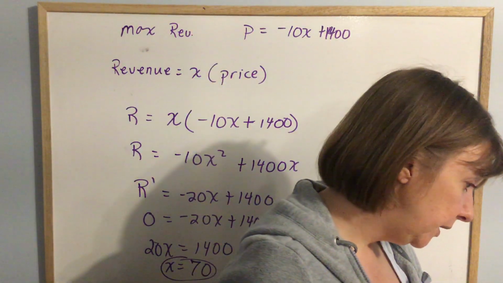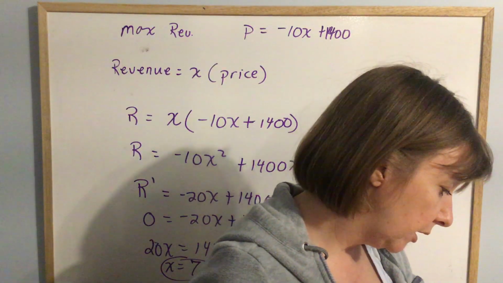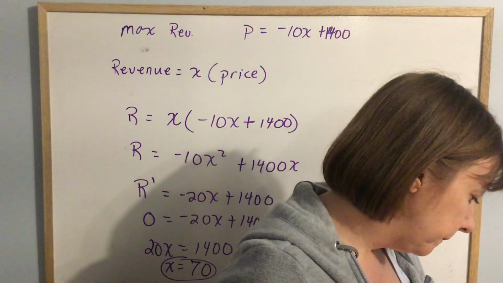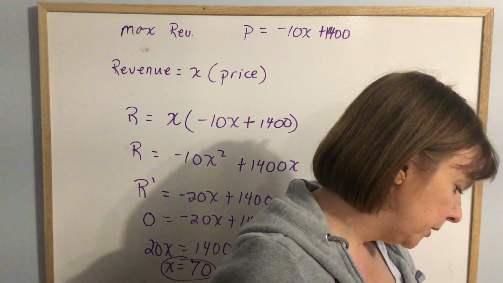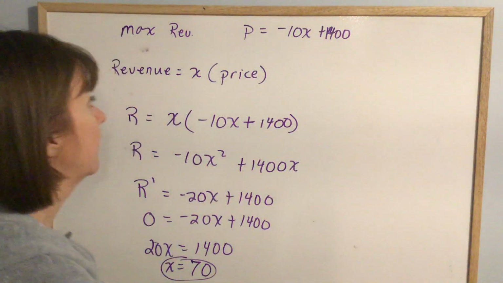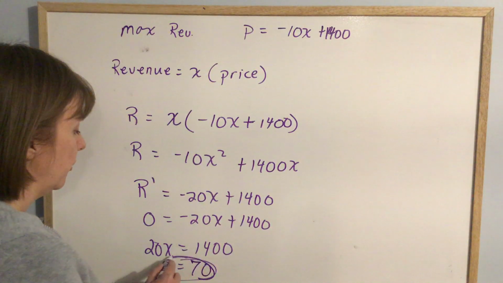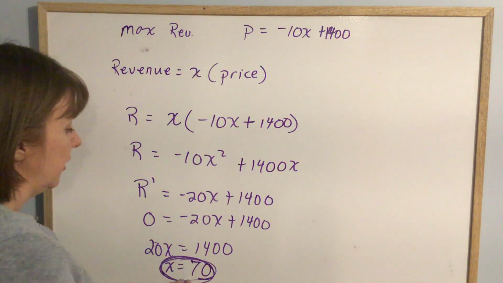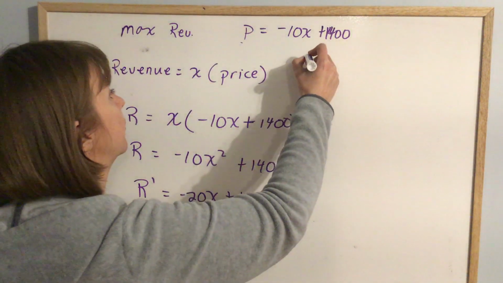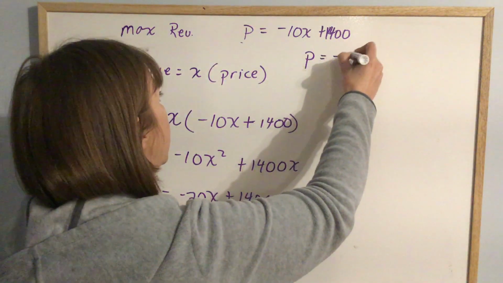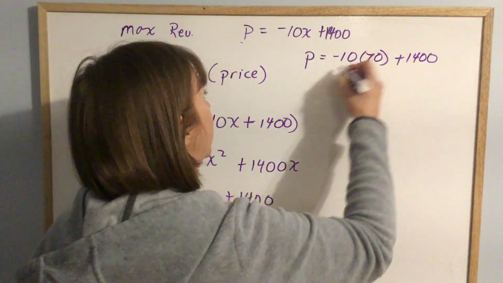Part B says, describe the shape of the graph. We're not going to do that. Oh, and it says, determine the optimum selling price. Well, if I maximize my revenue when I sell 70 and the price is negative 10x plus 1400, then the price is negative 10 times 70 plus 1400.